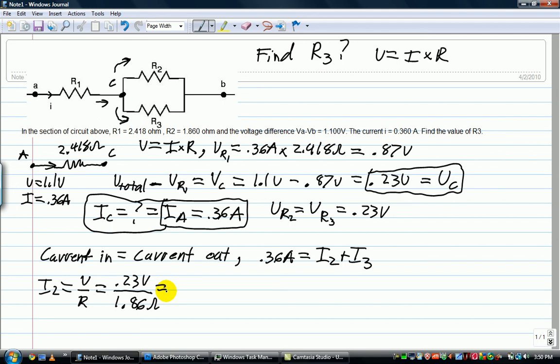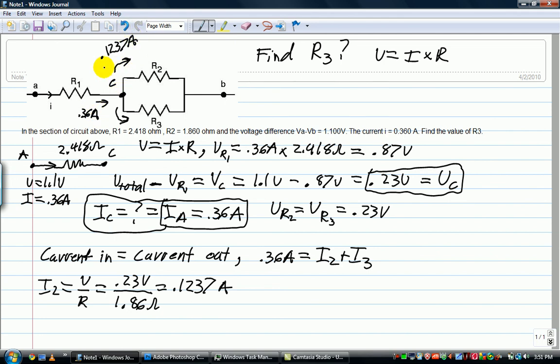Give me a moment. Alrighty, the current is 0.1237 amps. So that's the current here, our current here is 0.1237 amps, and our current here is 0.36 amps.